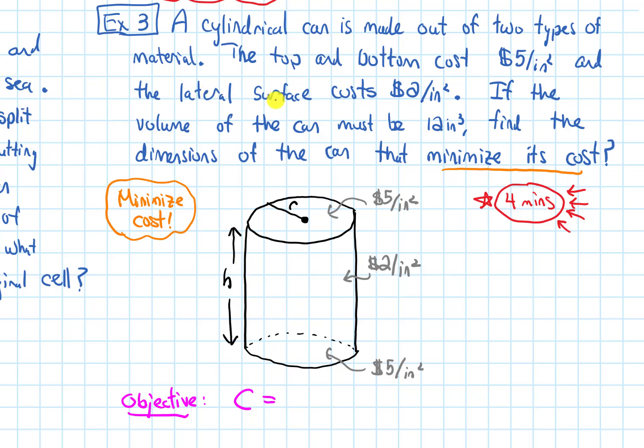The lateral surface, I should have mentioned before, is the surface on the side of the cylinder. So to get that, I would take 5 times the area of the top plus the area of the bottom, because both the top and the bottom will cost $5 for every square inch. And then it's going to be plus 2 times the area of that lateral surface.